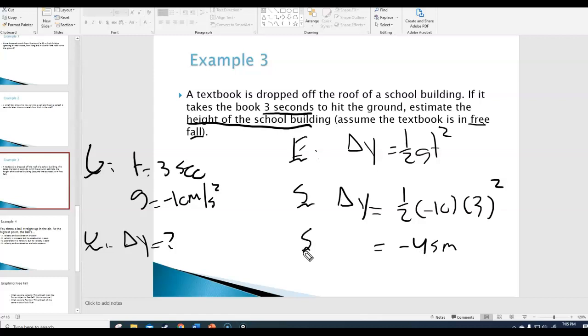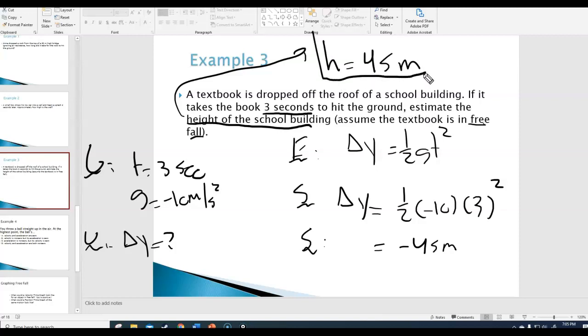So the answer to the question is the height of the school building is 45 meters. Remember, you cannot have negative height. So the delta y is -45. That just means it goes down 45 meters. That's because the height of the school building is 45 meters. So that is example 3.